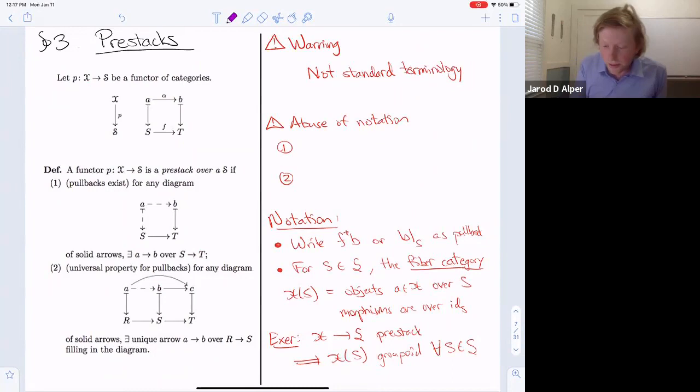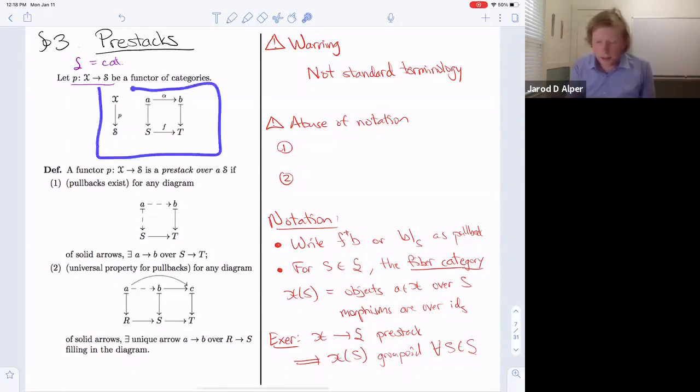So we start. Here S, we're thinking, is the category of schemes, but in this case there's no topology. It can just be an arbitrary category. And then we're considering a category X together with a functor to this script S. This is how we visualize this data.